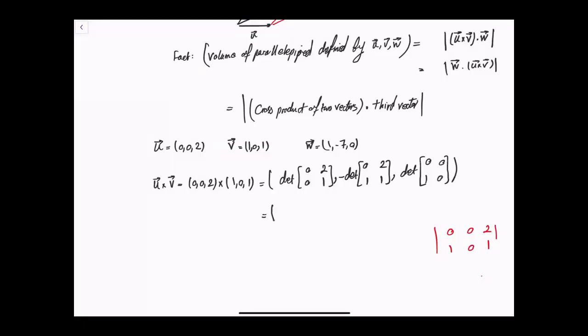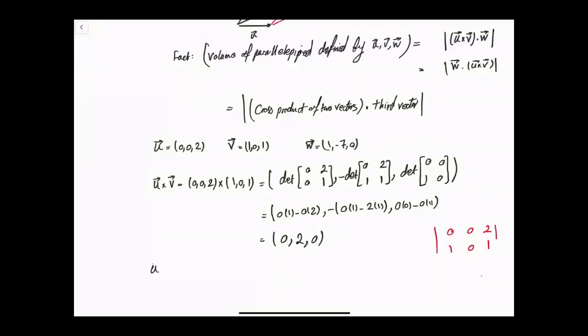Okay, so now, this is 0 times 1 minus 0 times 2, negative, 0 times 1 minus 2 times 1, and 0 times 0 minus 0 times 1. So the first component is 0. The second component is 0 minus 2, which is negative 2, times another negative sign, that is 2. And the third component is 0.